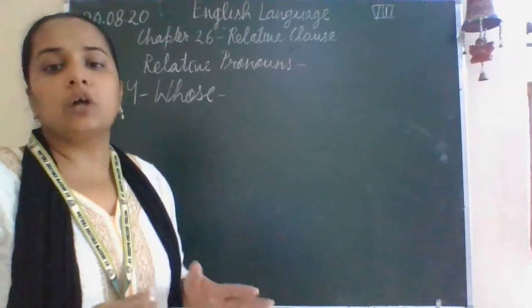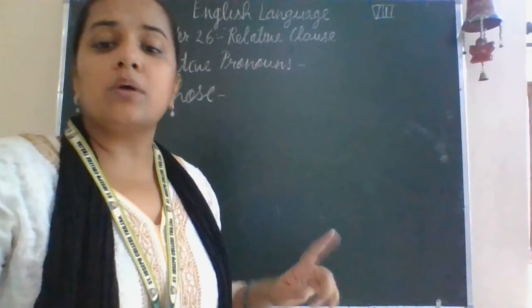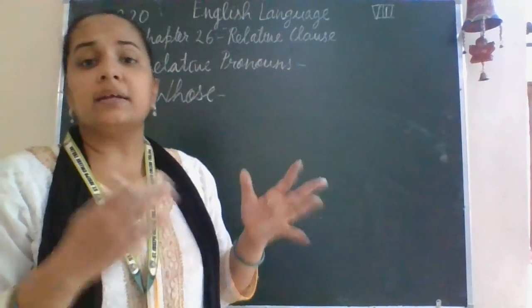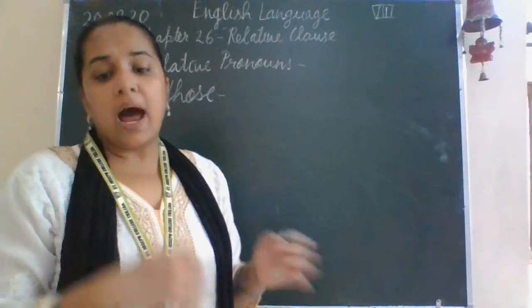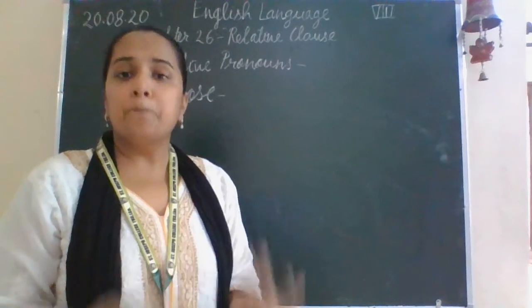So whenever we are talking his, her or its, the whose will be used in the same meaning. It is used together with the noun and it can be used for the people and the things both.